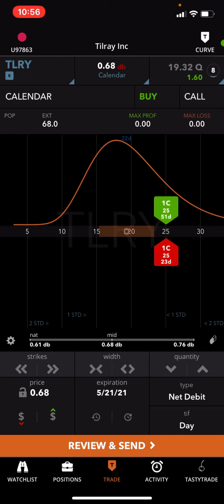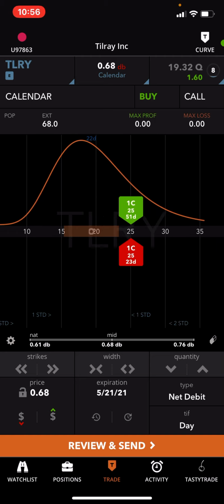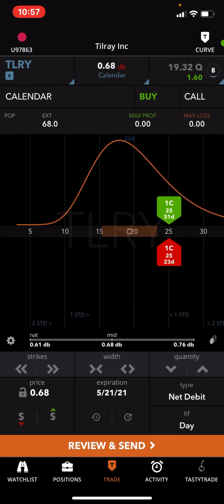But a rule of thumb is you want to manage the trade at the front month. At the front month, we collected about 70 cents, more or less, I think it was. So that's where you want to manage this trade, basically. I'll do a follow-up video on this one because I just put this trade on.